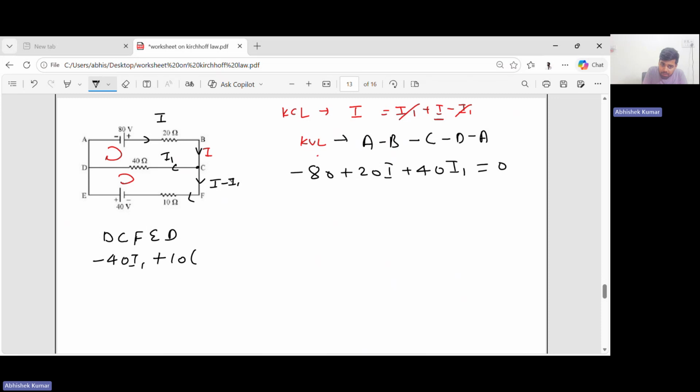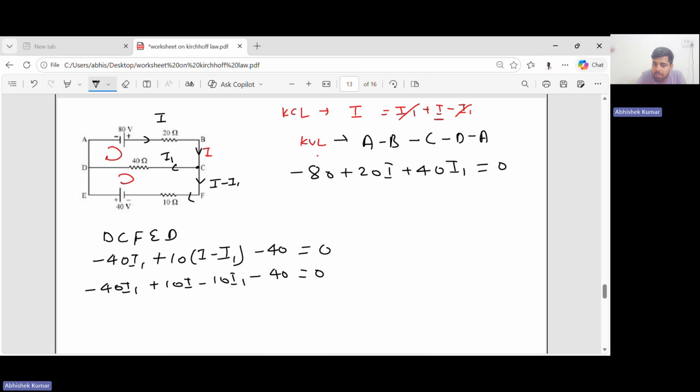I minus I1. Then minus 40 is equal to 0. Now if you solve, how much will you get? Minus 40I1 plus 10I minus 10I1 minus 40 is equal to 0. Correct? Any doubts, anyone? Whatever I have done, it is clear now.